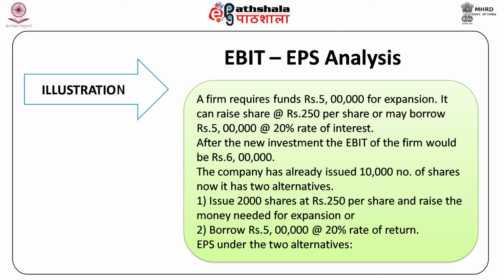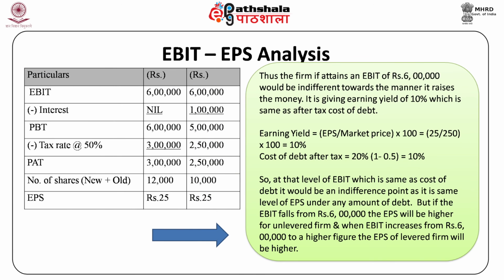rate of interest. The EPS under the two alternatives is calculated as under, and you can observe through the different calculations that EPS is coming to 25 in both scenarios. Thus, if the firm attains an EBIT of 6 lakhs, it would be indifferent towards the manner it raises the money.